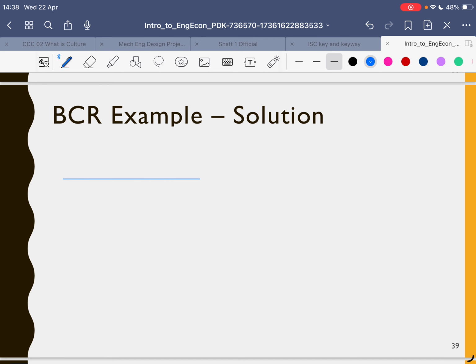Basically, you want to calculate the benefit first.